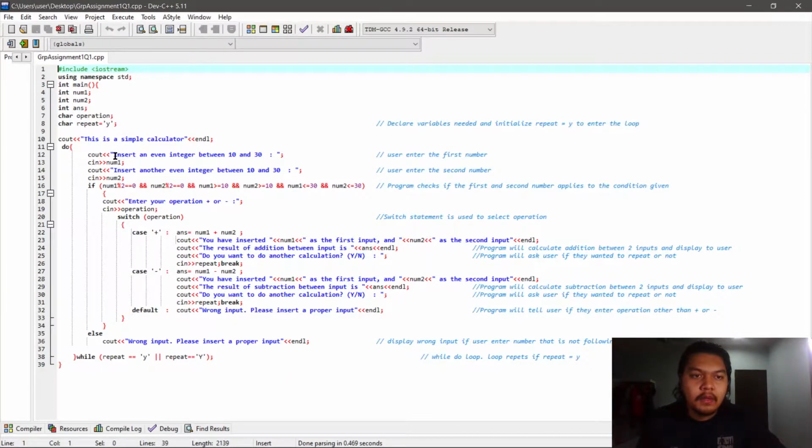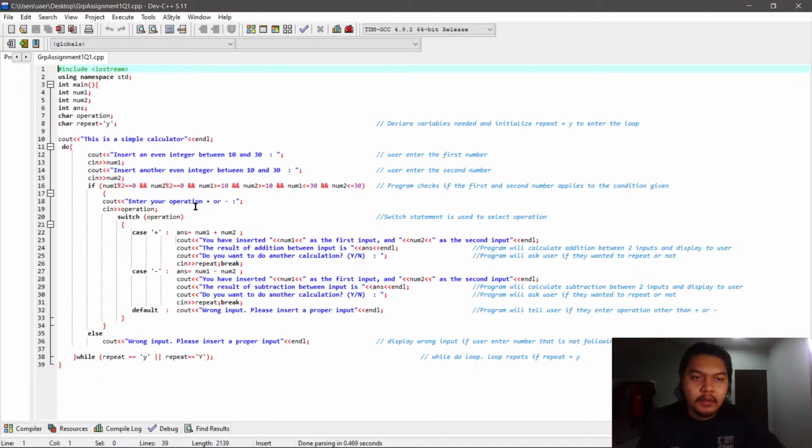First, the program will ask the user to enter integers between 10 and 30 for number 1 and number 2. Then we use if else, not a loop, to check that the number is an even integer between 10 and 30.